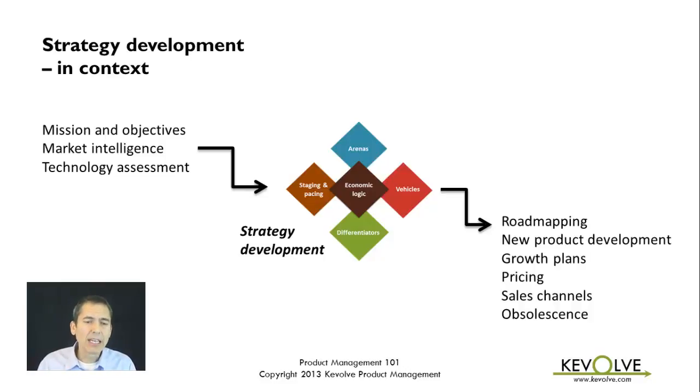We haven't talked about the next one, technology assessment, but if you're in a technology heavy industry, it's important to work with your R&D teams to develop an assessment of where you're at in terms of your technology. What's your patent position? What's your competitor patent position? Where is the technology headed? So that you have a full understanding of where you sit with technology.